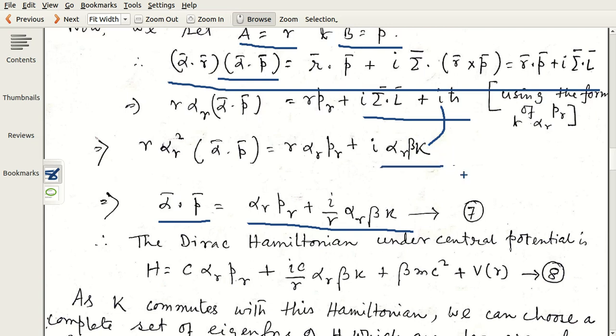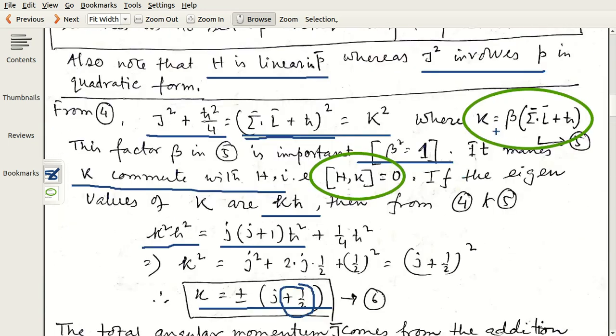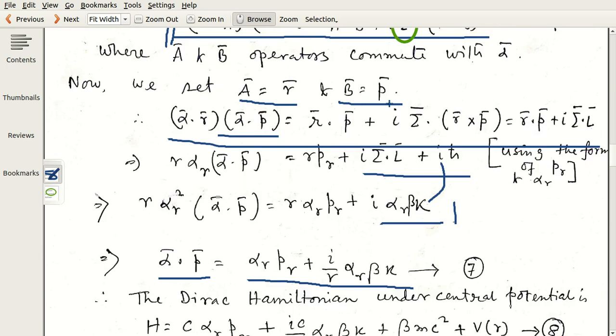This is one catch, and if you see the form of K here, K equals beta into sigma dot L plus H cut. Now multiplied both sides by beta, so it will be beta K equals beta square into this one, and beta square equals 1. So sigma dot L plus H cut equals beta K. Use it here.